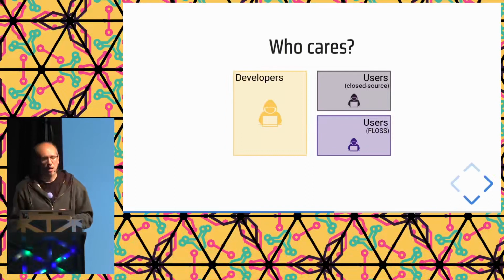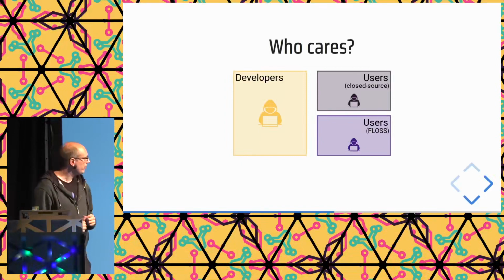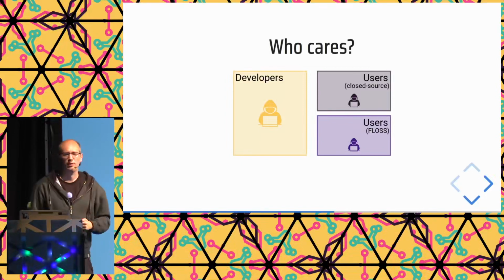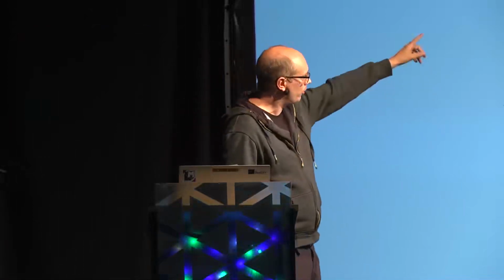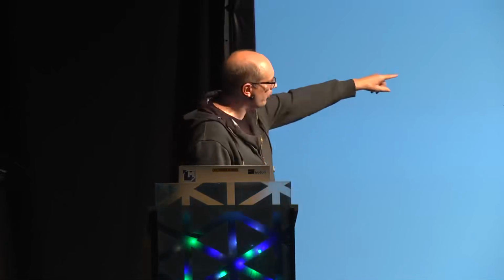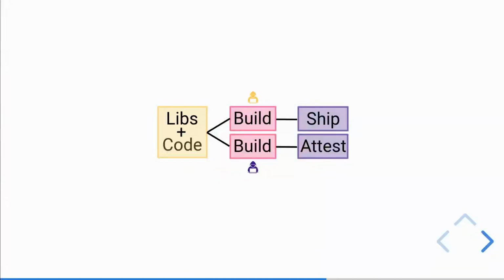But I think where reproducible builds really shines is on the free and open source software side, because there it's really a superpower. For the developer, it's just the developer who builds the same thing twice and looks if it's the same thing. But in the case of open source software, you can also build the same thing as a user or as a user community. That means if you have audited the source code, you can now also independently verify that the binary actually corresponds to that source code.